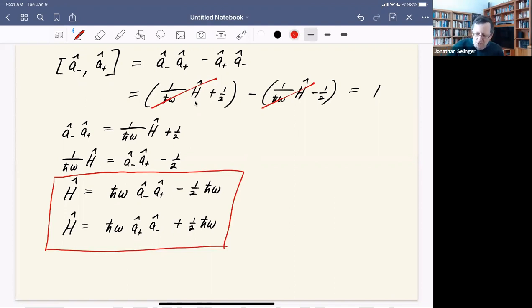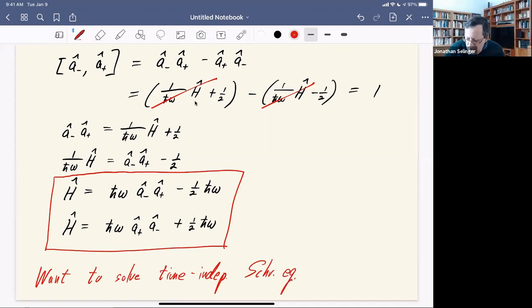So remember, we want to solve the time independent Schrodinger equation, which is that H psi is equal to E psi. We want to get what are the special solutions.